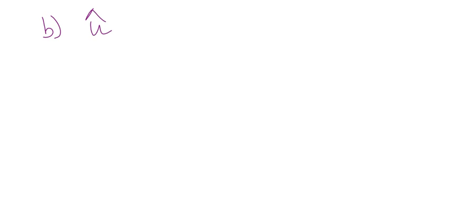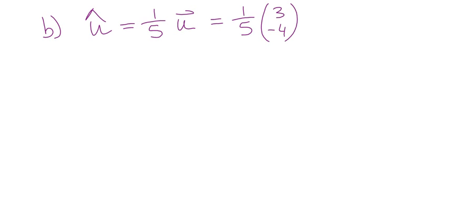The unit vector u hat is equal to 1/5 of u, the vector. So if I want the unit vector, and this is my given vector, then the unit vector is a scalar multiple, right?